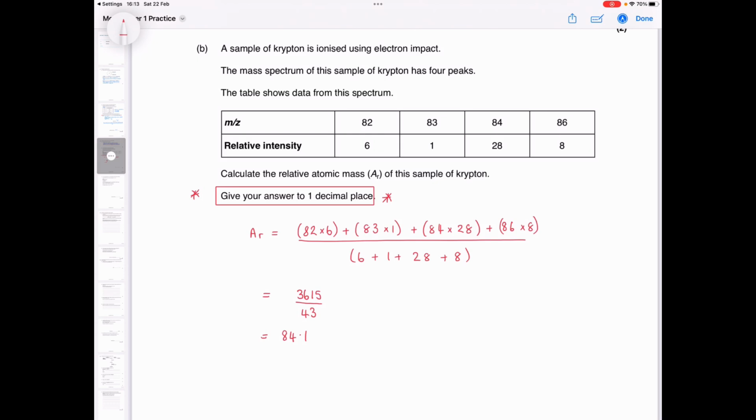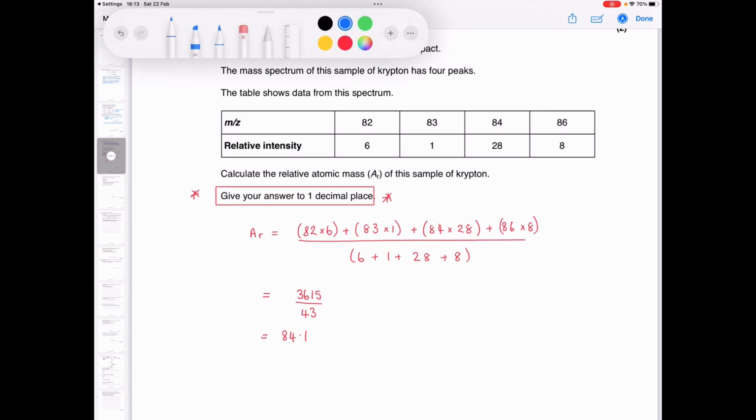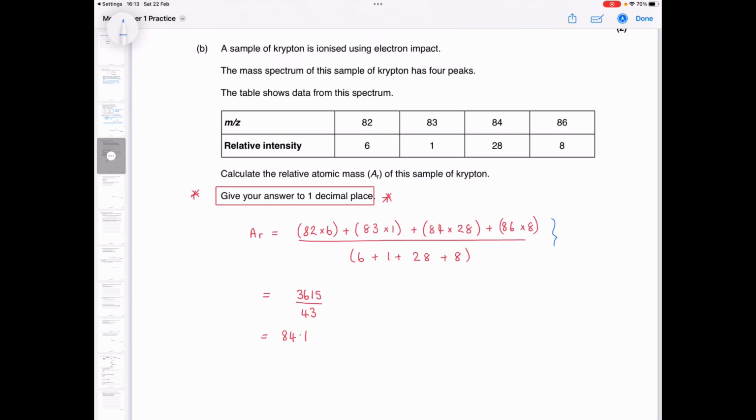Okay. And I know that you can probably just look at that table and it's easy to kind of do without writing down, but don't.